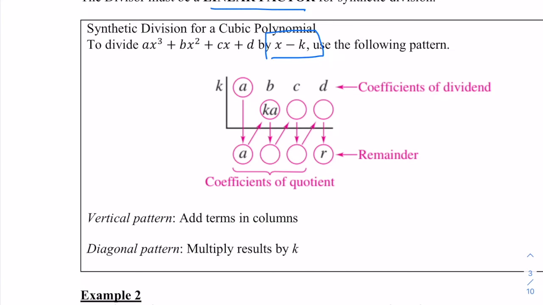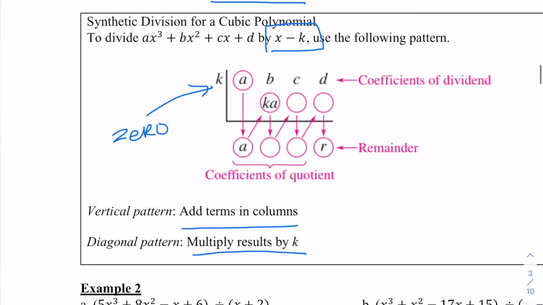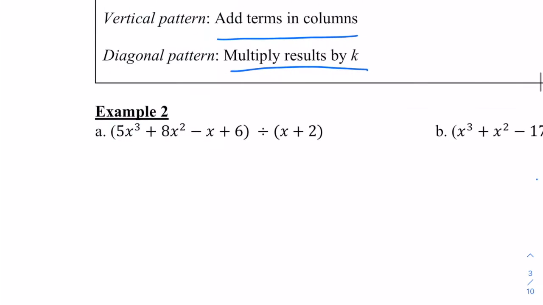So if you notice this k, this 0, is going to be pretty much the multiplier. We're going to be multiplying by that number. The process is we're going to actually be adding the columns, the terms in the columns, and multiplying those results by k.